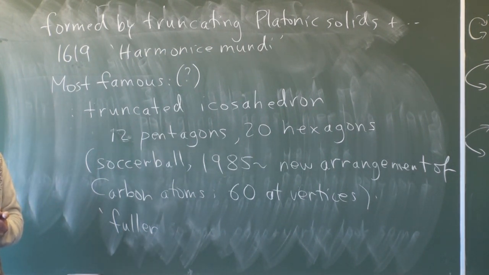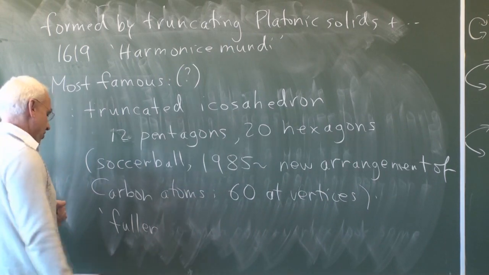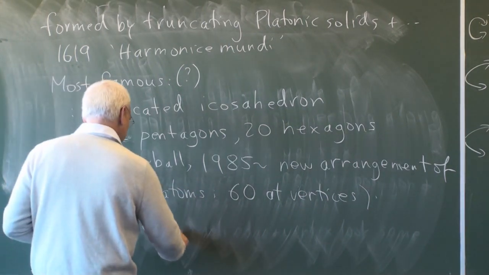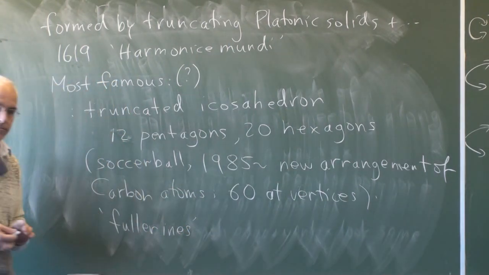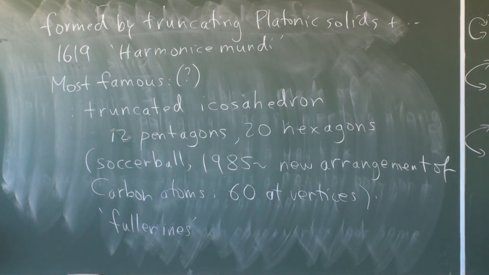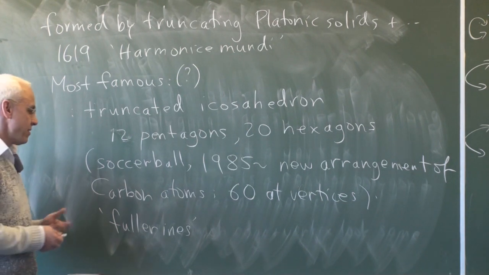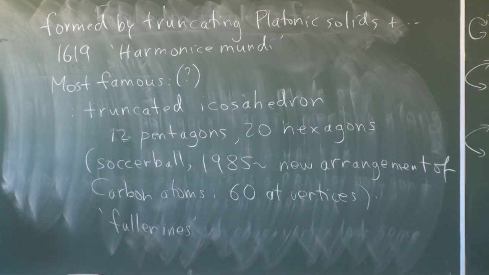The US pavilion at the 1967 Olympics was a geodesic dome, and so in honor of him they call these things fullerenes. And it's generated quite a lot of interest in chemistry and other places.